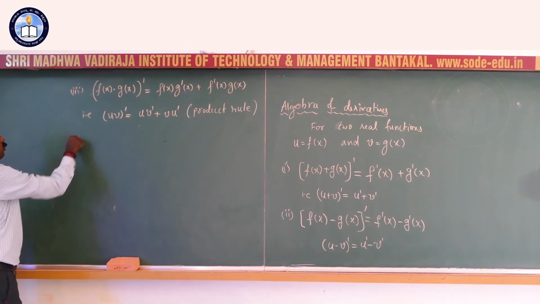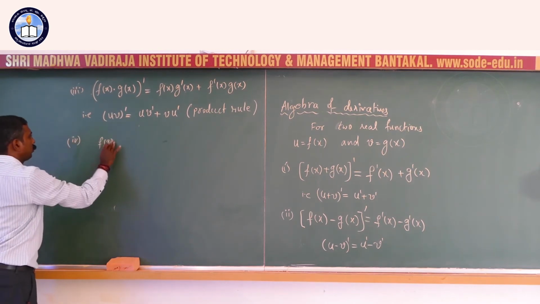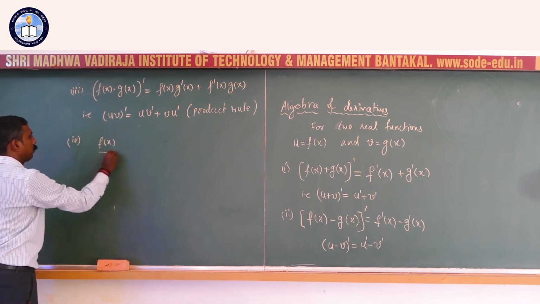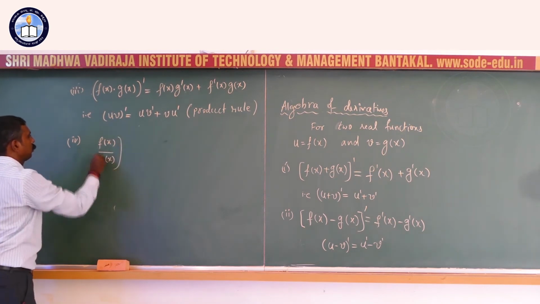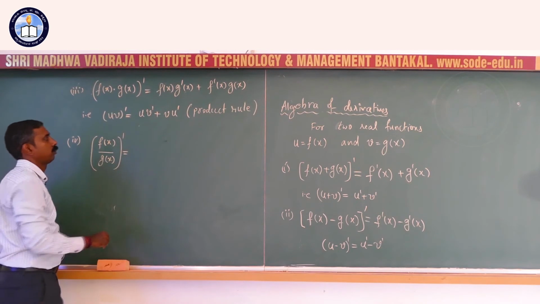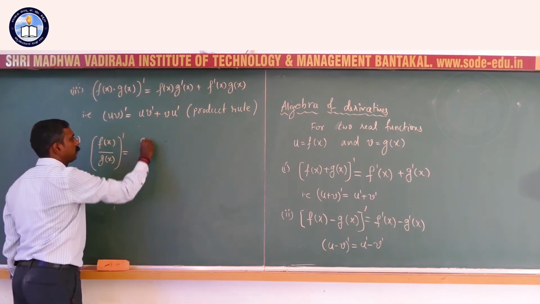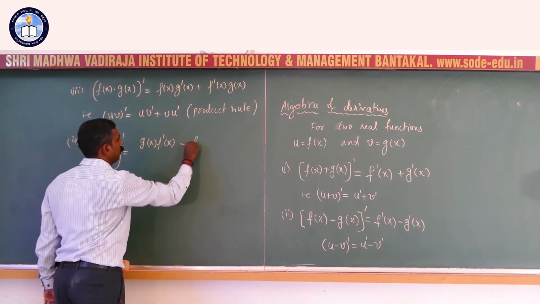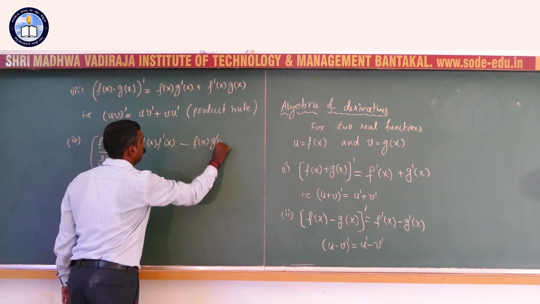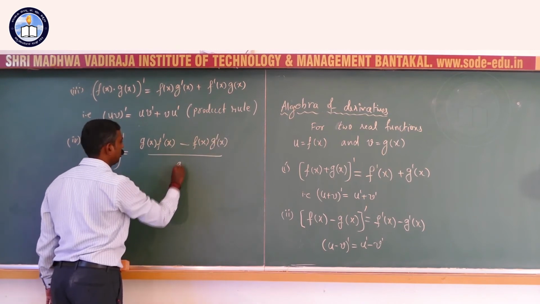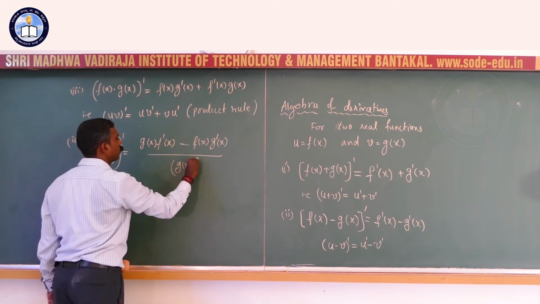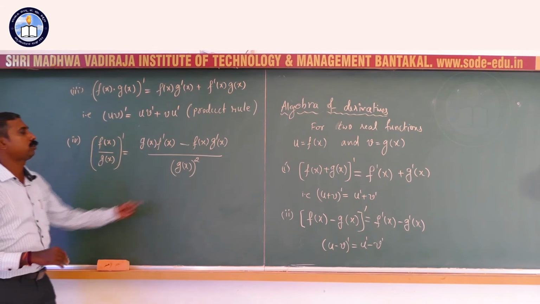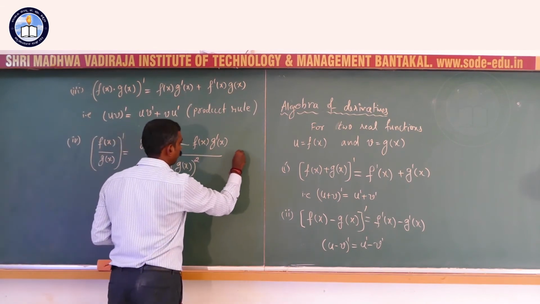Fourth one, f of x divided by g of x whole dash is equal to g of x into f dash of x minus f of x into g dash of x, divided by g of x whole square, provided g of x is not equal to 0.